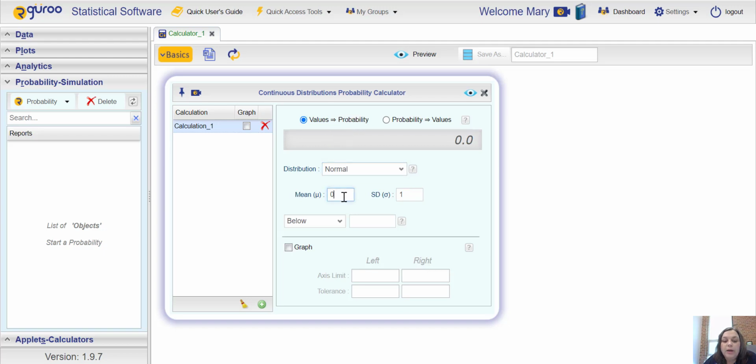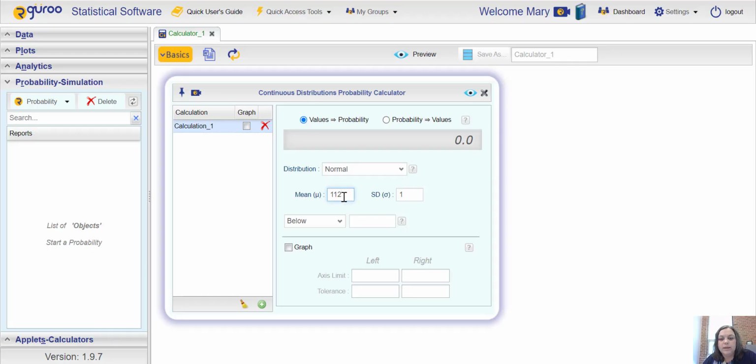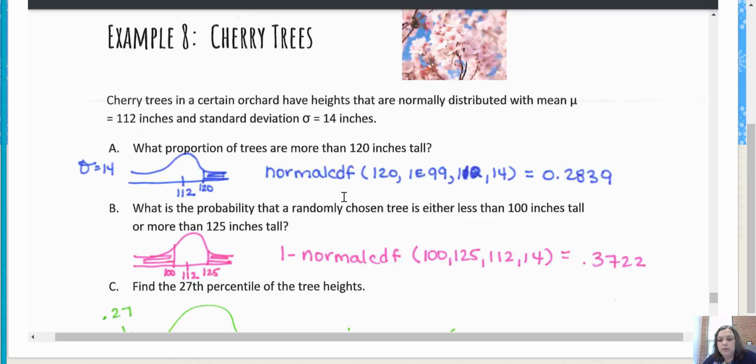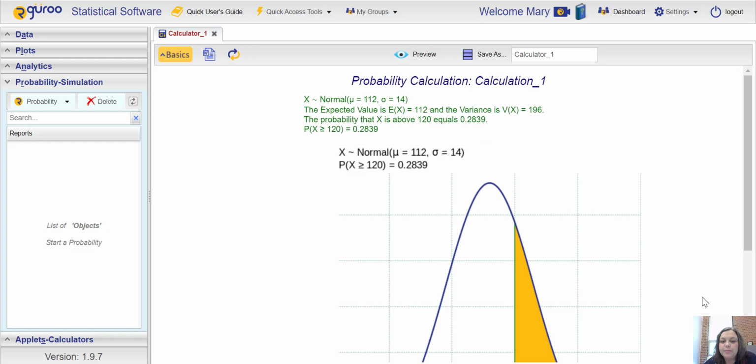Okay, so we're going to put in our mean, which was 112, I believe. Yes, and our standard deviation goes here. That was 14. Yep. And we want to know the proportion that is more than 120. So we're going to click on more or above 120. And then you can just hit the preview button to see the calculation, but I think it's better to see the graph with it. So I'm going to click graph and then preview.